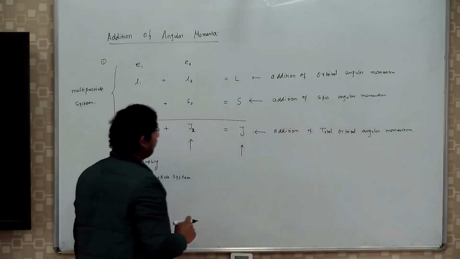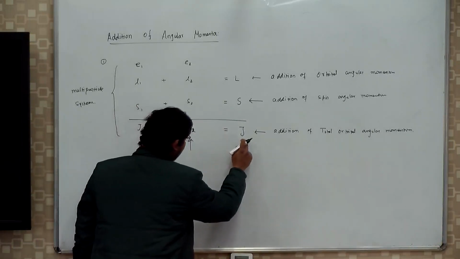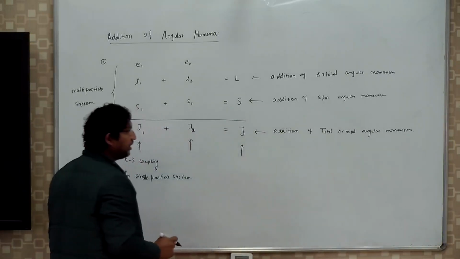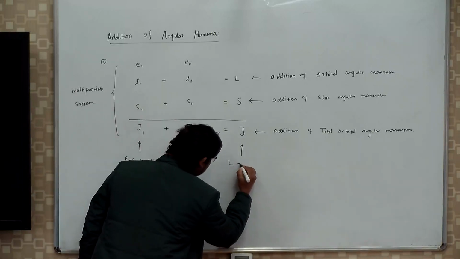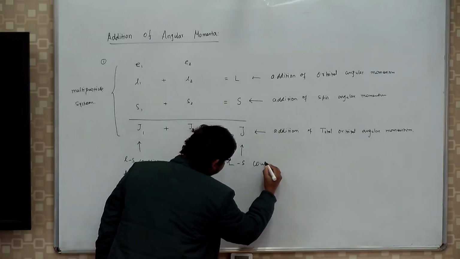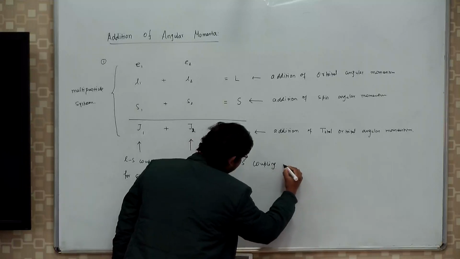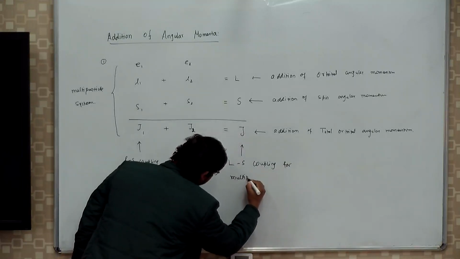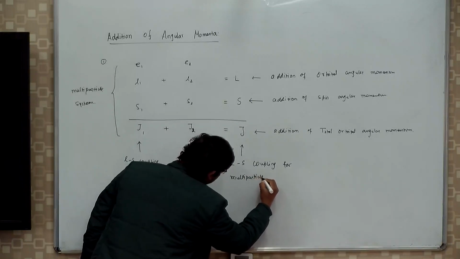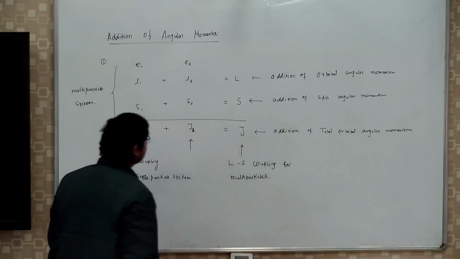But if we proceed with the addition of angular momentum here, with the addition of total orbital angular momentum and total spin angular momentum, we get a capital J, and this is again for a multi-particle system, LS coupling for multi-particles.